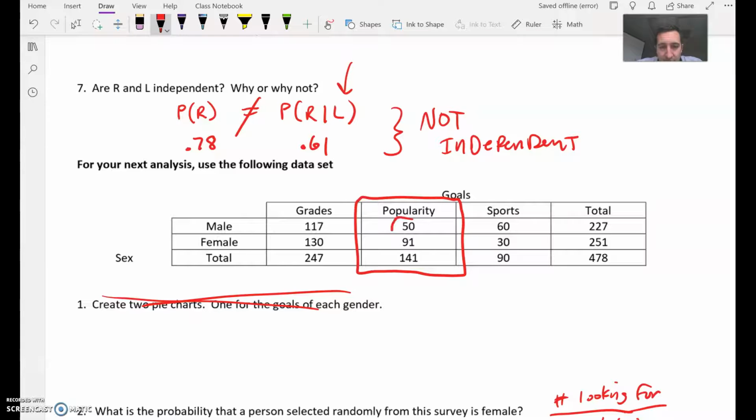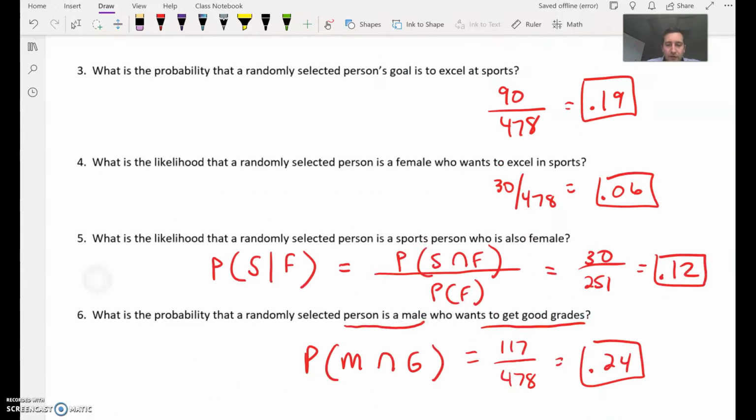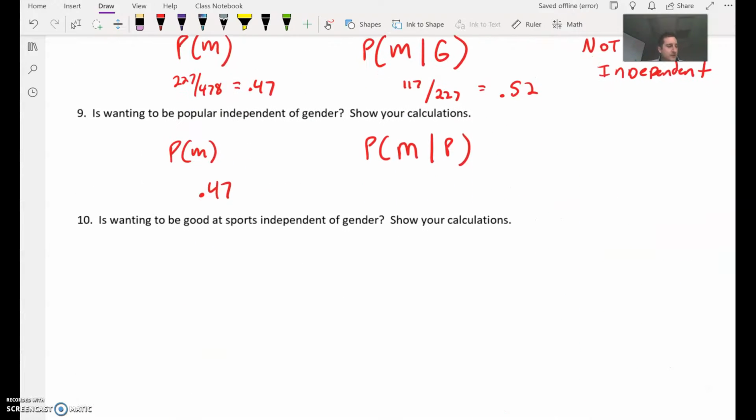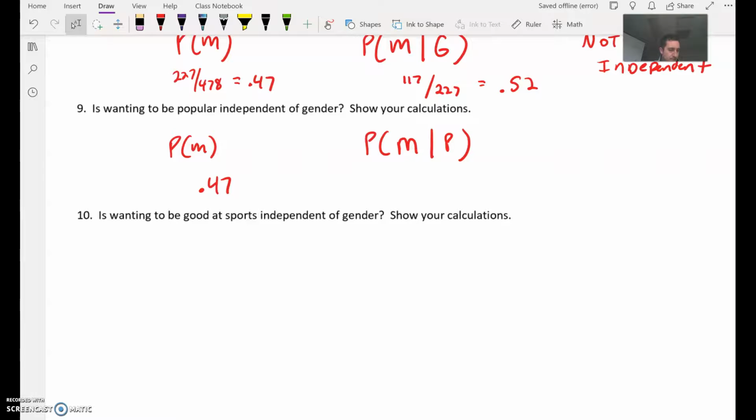What's the probability that you're a male given you want to be popular? So 50 over 141. 0.35. Ooh. So that shows that those are not independent. Looks like men are less likely to want to be popular than women.